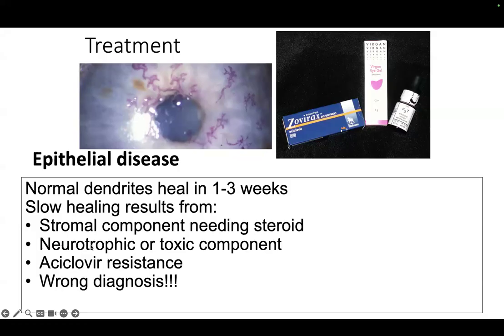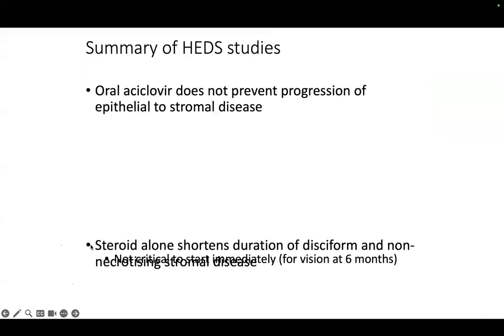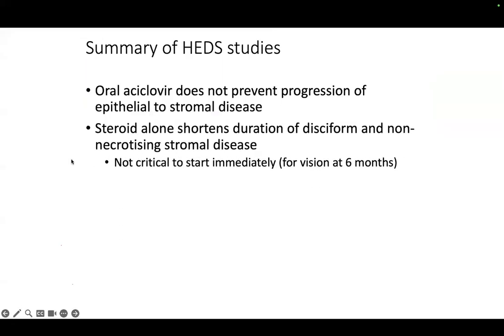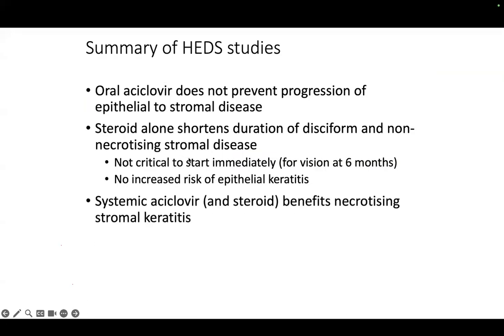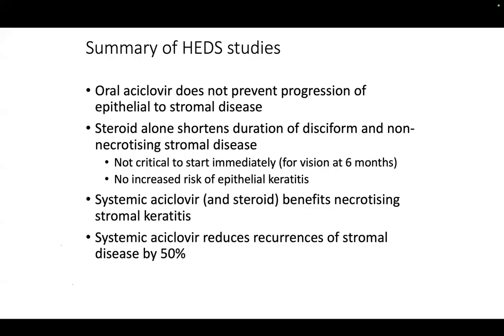Rarely, you might see acyclovir resistance. And then there are the herpes eye disease studies, which basically indicated a role for oral acyclovir in halving the number of recurrences over the course of a year, or the duration of the study.